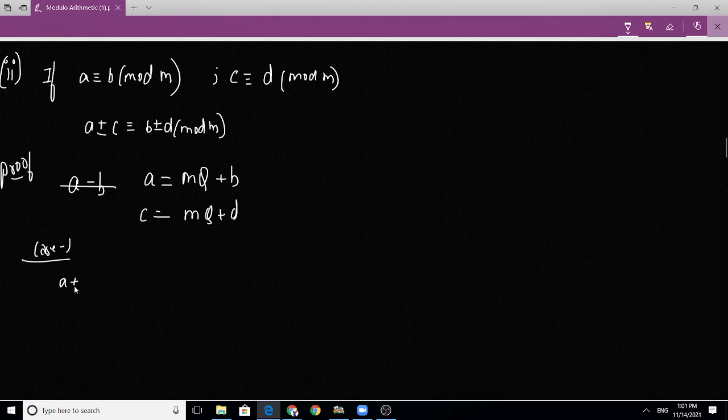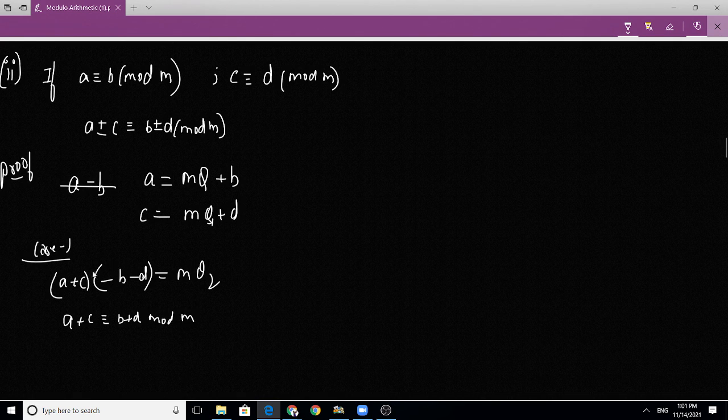A plus C minus B minus D equals M into some q1 plus M into some q2, which is M into (q1 plus q2). I just send b plus d to that side. Taking this as one and this as another, I can write from here that A plus C is congruent to B plus D mod M.